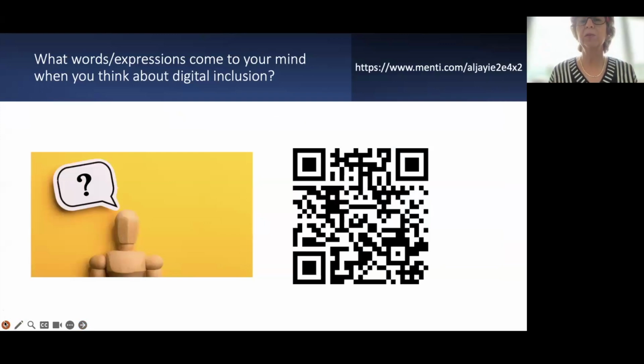So what are these terms, keywords that you're thinking about when it comes to digital inclusion? And I will stop sharing for a moment, and I will put the quote in the chat, and I will just start my Mentimeter in a moment, right? So I just put also the link for you if you need it, just to be digitally inclusive.